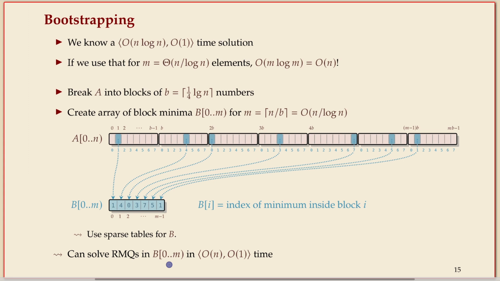If you just care about queries that contain entire blocks, so a query like from here to here, you can basically solve that with just looking at the blue thing, because the answer will be one of the blue block minima. But of course, that's not all. We can have queries that straddle blocks or cut a block in half or between 2 arbitrary positions. So that's not good enough, but it's at least a partial solution.